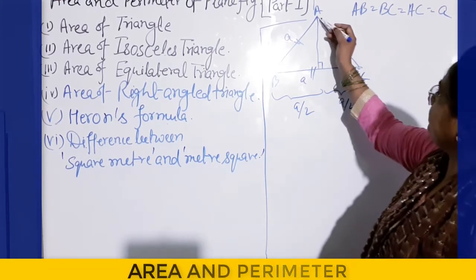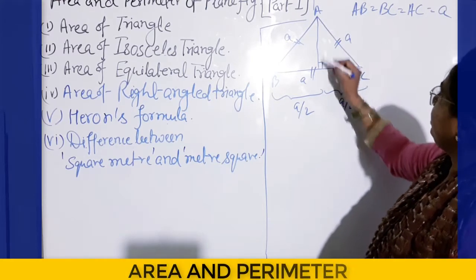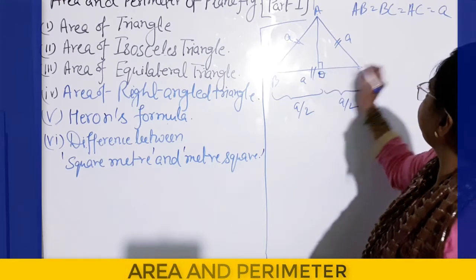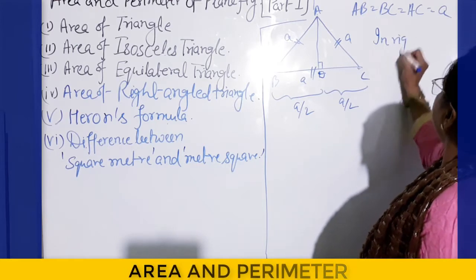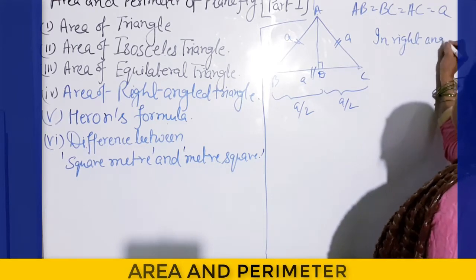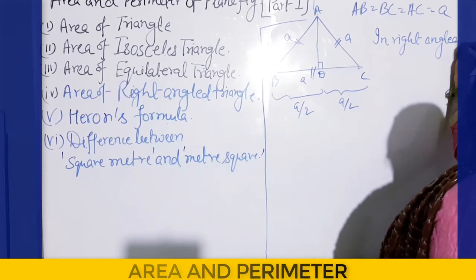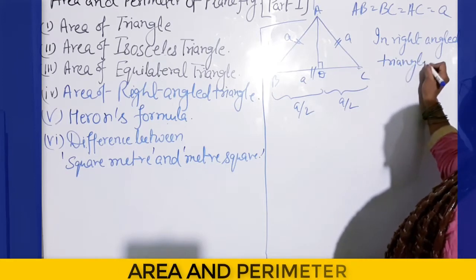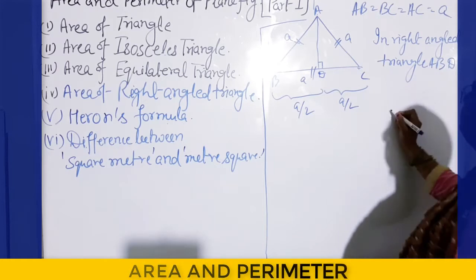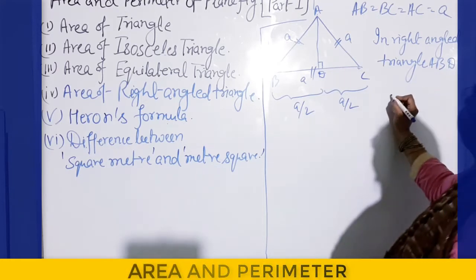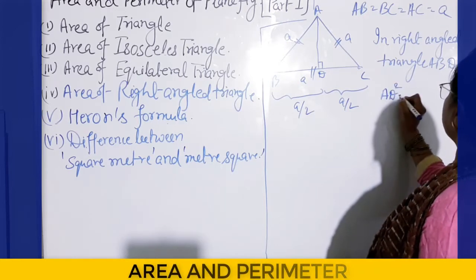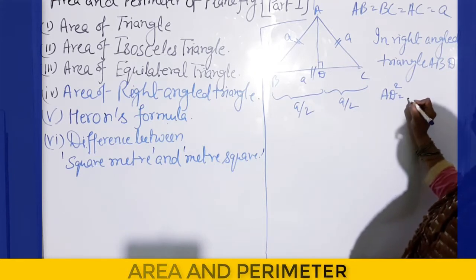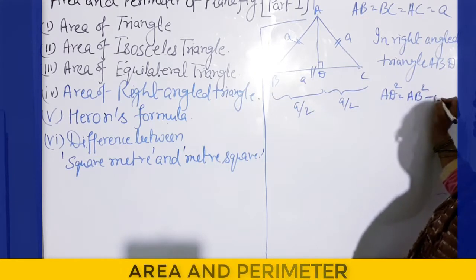In this way, easily we can find out by Pythagoras theorem in the right angled triangle ABD, suppose this point is D. AD square is equal to hypotenuse square minus base square. It means AB square minus BD square.